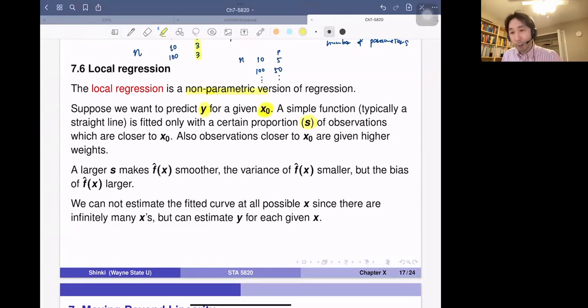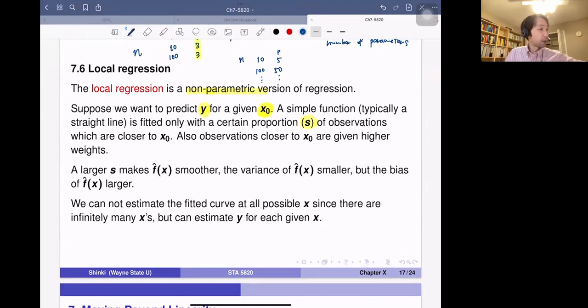Maybe 10% or maybe 1% or 100%. It may depend on the sample size, but also it may depend on the complexity of the relationship between x and y. If the relationship is simple, we can use all observations. But if the relationship is more complicated, probably we have to use the observations very close to that observation, right?